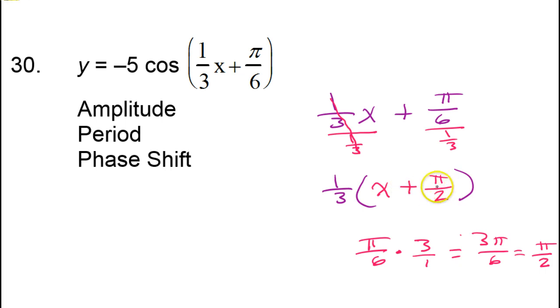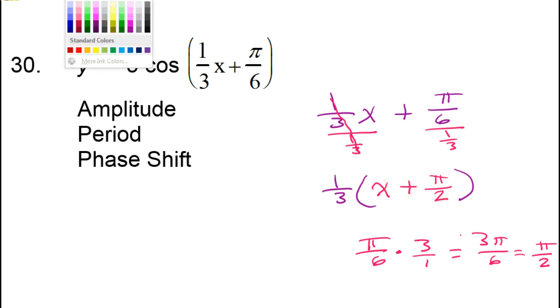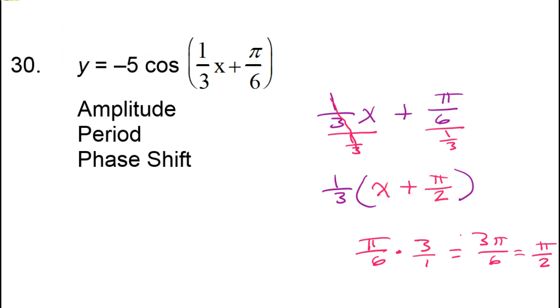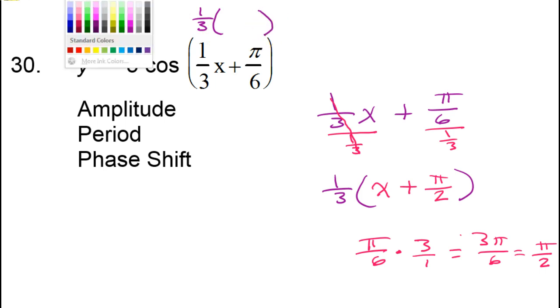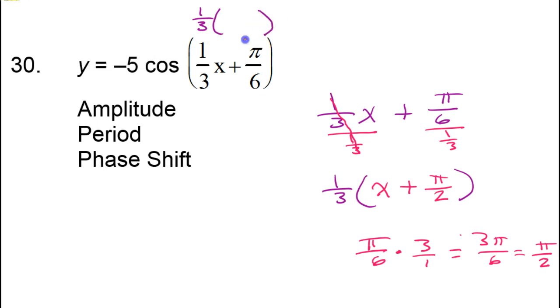And this is the real phase shift. So just be careful. When I create my function in a moment, I'm going to rewrite this part as 1/3, and then just like I have right here, I'm going to have x plus pi over 2. And this is where I will look for the phase shift.